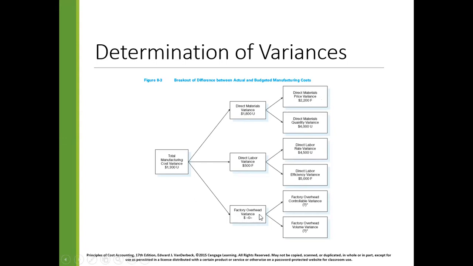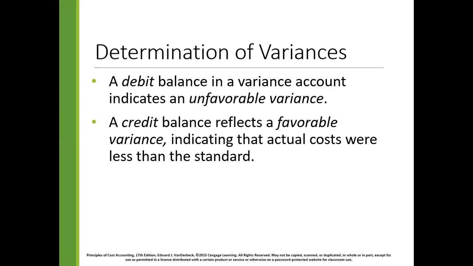And then factory overhead, the way that we look at that is looking at our budgeted performance report data compared to what happened, and it does show us that in the PowerPoint slides in our textbook. So just like it shows here, a debit balance in the variance account indicates an unfavorable variance. A credit balance reflects a favorable variance.